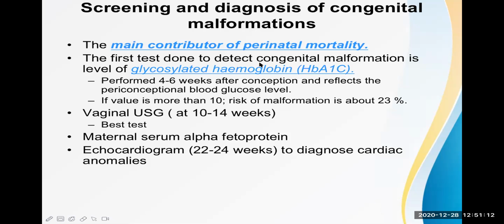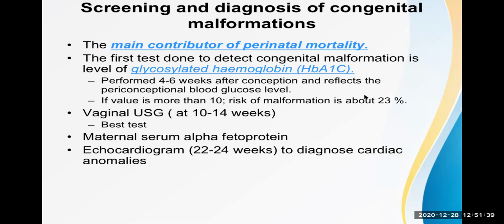The first test done to detect congenital malformation is the level of glycosylated hemoglobin, HbA1c. Now, what is the importance of doing this HbA1c? This HbA1c will tell us the control of hyperglycemia in the previous 3 to 6 months.